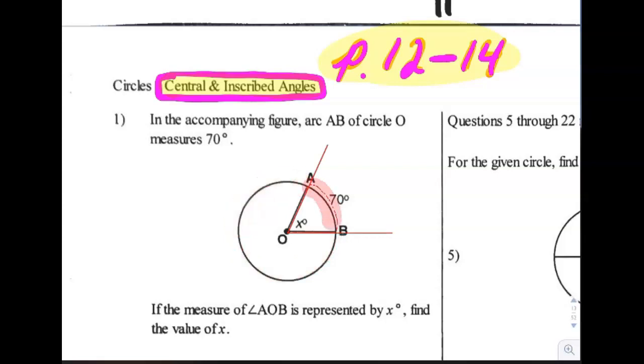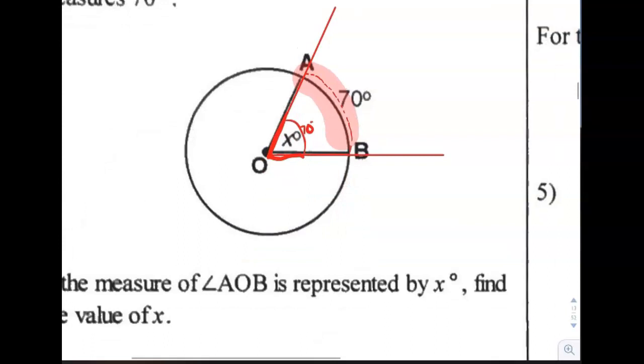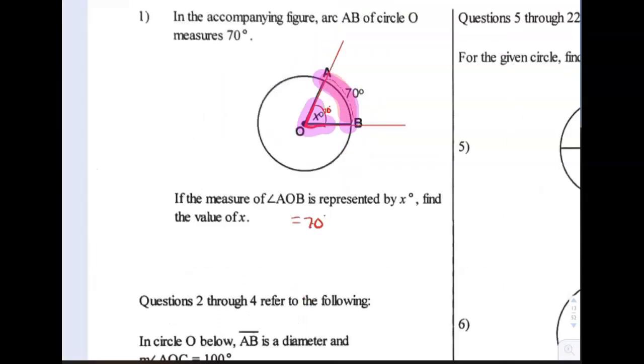But that much of it is 70 degrees. The angle that is formed inside there is exactly the same as whatever the arc is. So if that is 70 degrees on the arc, it is 70 degrees for the angle. Central angles and their arcs are always exactly the same number.